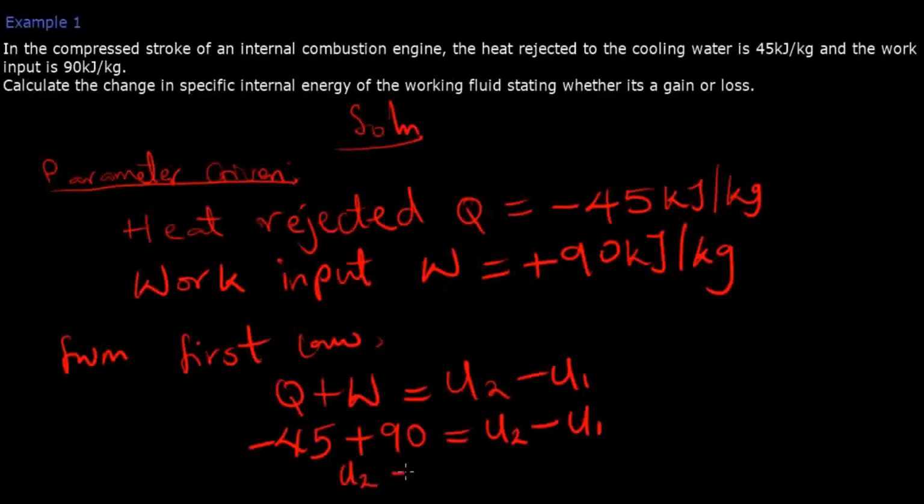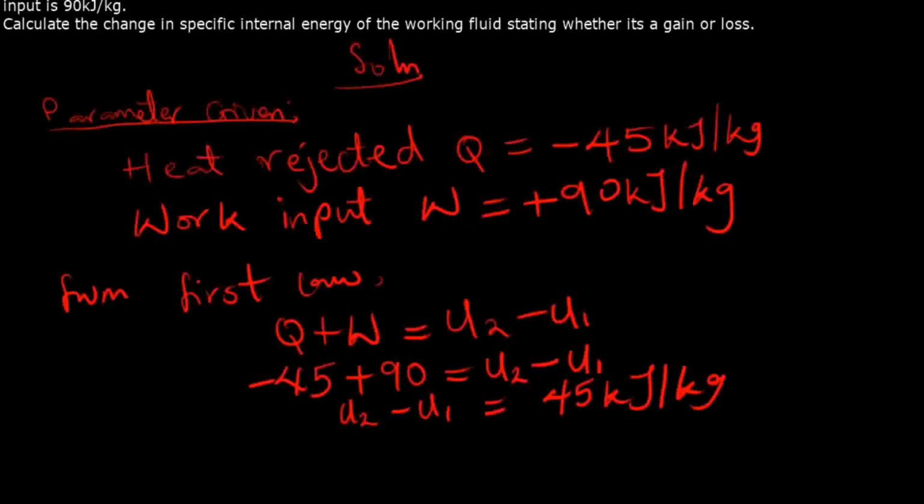So finally we have that the change in internal energy is 45 kilojoules per kilogram. Yes, it's as simple as that.